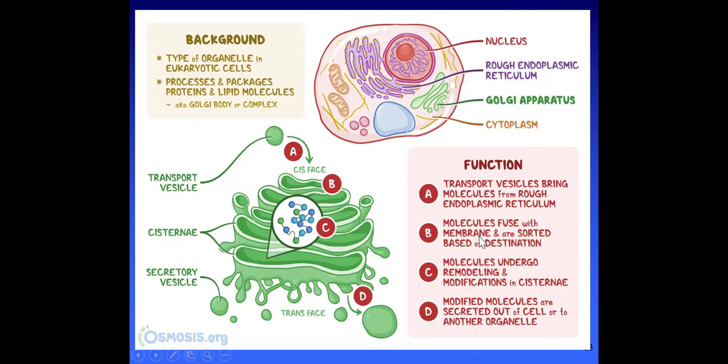Molecules fuse with the membrane and are sorted based on their destination. Molecules undergo remodeling and modification in the cisternae, and modified molecules are secreted out of the cell to another organelle at the trans face site. You can see here this is the secretory vesicle, and the direction of the arrow indicates that the transport vesicle is coming at the cis face.